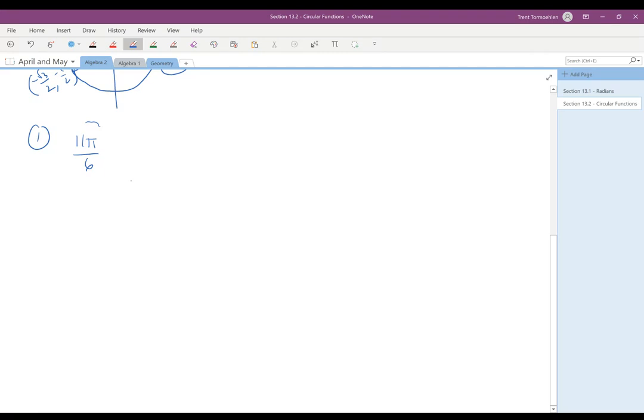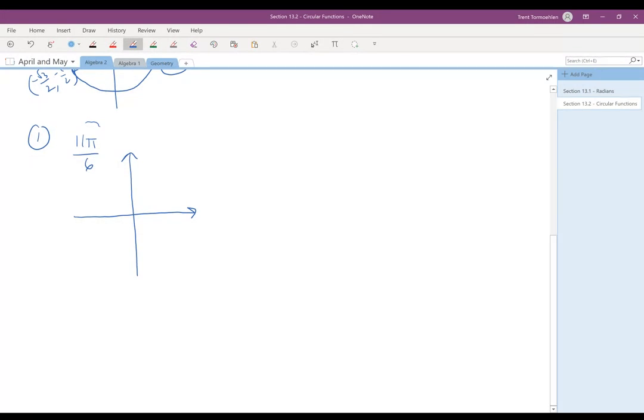When I think about it on my unit circle, pi over 6 is 30 degrees. And so if pi over 6 is 30 degrees and I've got 11 of them, that means I've got a 330-degree angle, or 330 out of 360 all the way around.